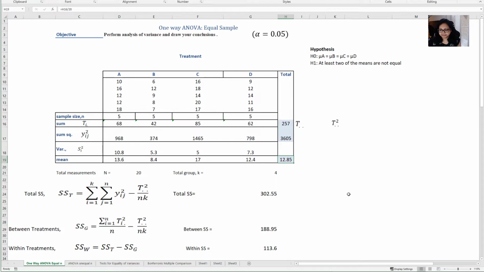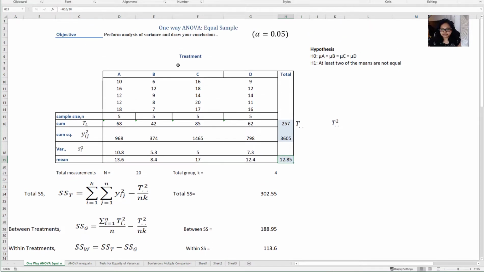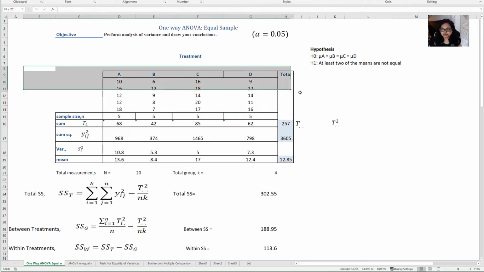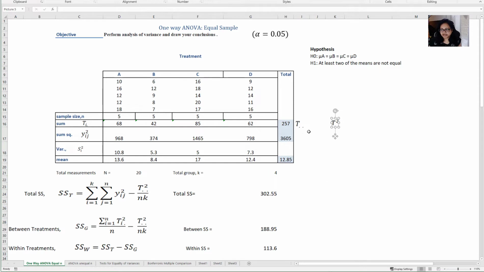If you perform any analysis of variance, it will be useful if you find all these values at first. This one is the square of the grand total. This is what we call the grand total.